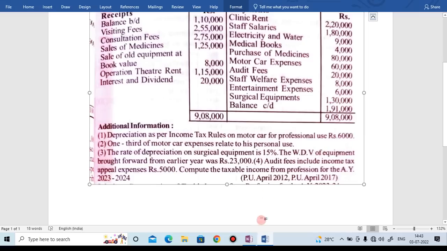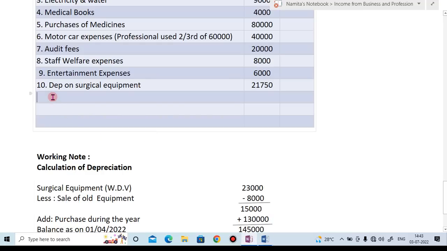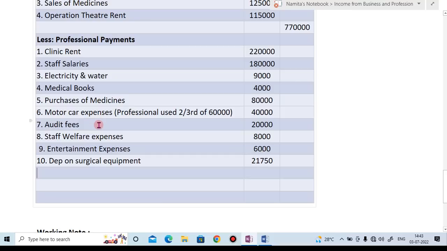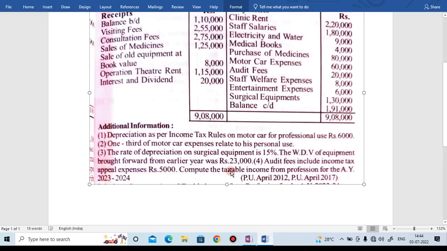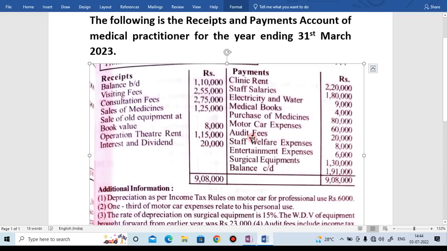So we have to deduct it from the professional payment. Depreciation on motor car, it is for professional use. Amount is rupees 6,000.